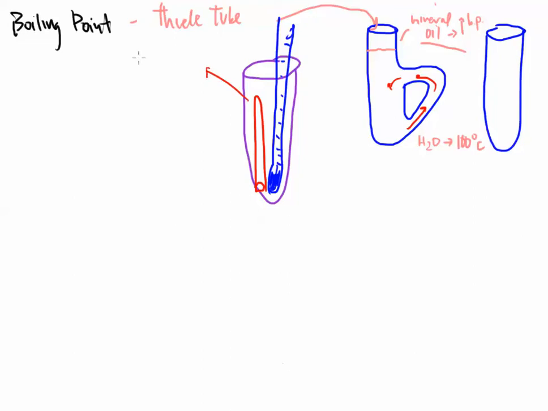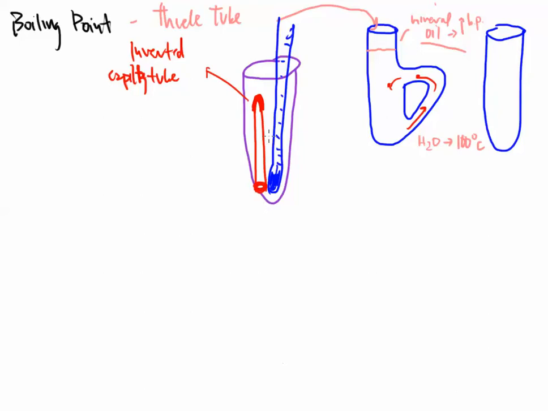Notice the way that I've drawn this, though. This is an inverted capillary tube. You're going to turn the capillary tube upside down, so the closed end is pointed up, and the open end is pointed down.